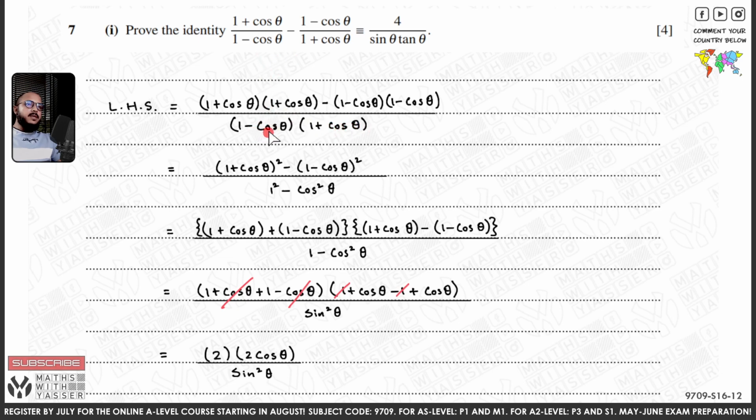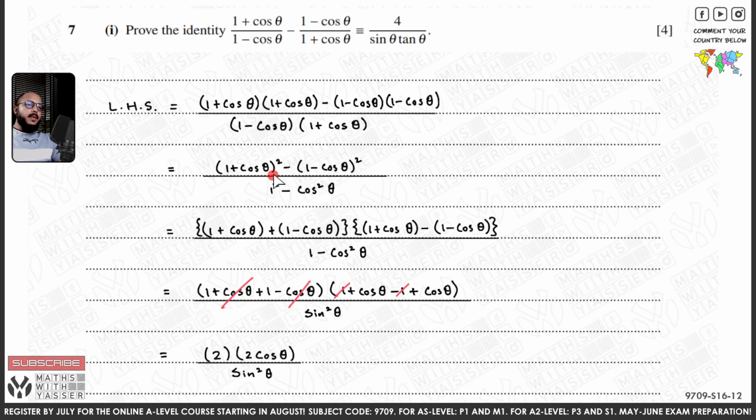So 1 minus cos theta, 1 plus cos theta in the denominator, and we have 1 plus cos theta times, since we don't have this in the denominator, that means we need to multiply this with 1 plus cos theta. Similarly, we have 1 plus cos theta in the denominator, we don't have 1 minus cos theta. That means we need to multiply 1 minus cos theta with this.